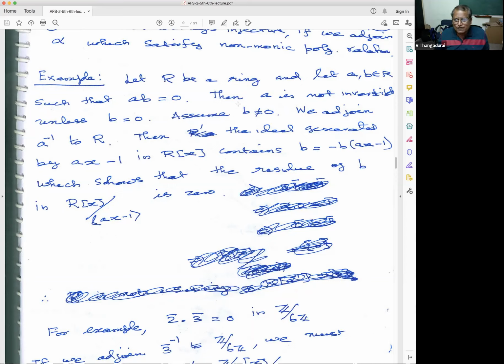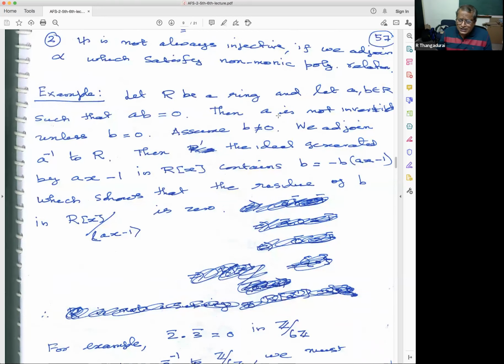So if B is non-zero, then we can say that A is not invertible in R. So assume that B is non-zero. Once we make the assumption that B is non-zero, A is not invertible in R. So we try to adjoin A inverse to R. It means we are looking at the ideal generated by Ax minus 1 in R[x].